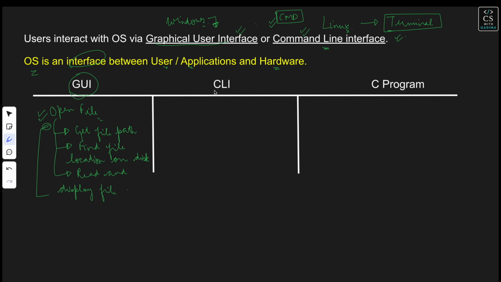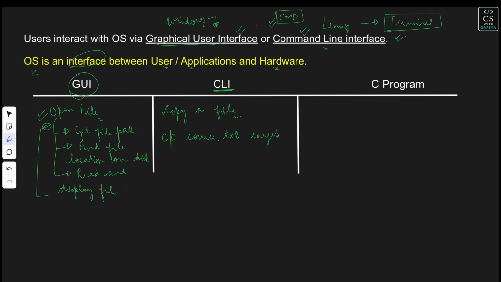Let me also take an example of a CLI based operation. So let's say we are using the Linux terminal and we want to copy a file. Okay, so if you are aware, there is a command called cp that helps to copy a source file, let's call it source.txt, to a target file.